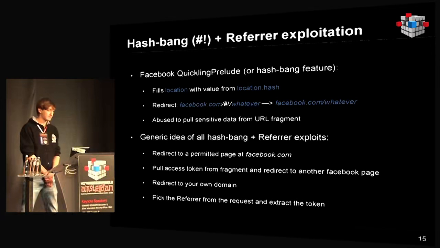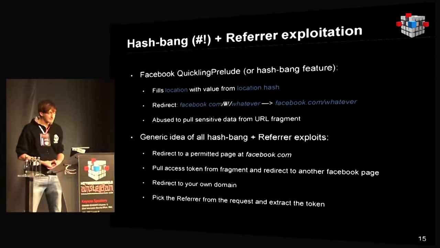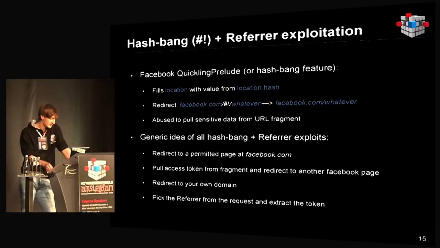It can be abused to pull the data from the safe place, safe for access tokens, called the fragment, into the URL string, into the URL parameters, where this sensitive data is vulnerable to leaking via the referrer field. I've submitted maybe four or five bugs, I don't remember, and they all worked in pretty much the same way. First, redirect to some permitted Facebook page, then pull the access tokens from the URL fragment, then redirect to your own domain, and then pick up the referrer field.